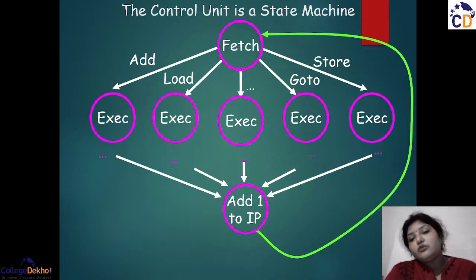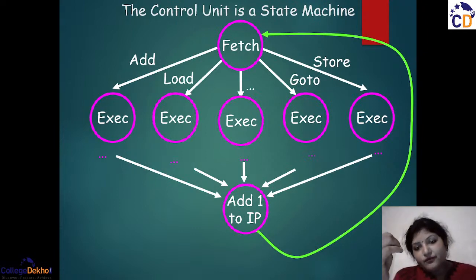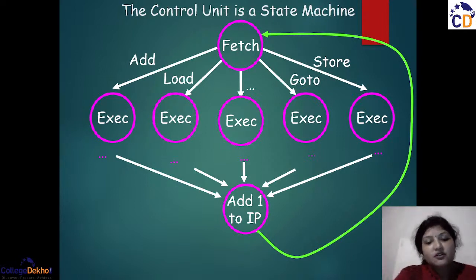We are not moving to the next instruction. The registers will be holding the same value, right? So it's very important to add 1 to the instruction pointer, which is holding the address of the next instruction. I hope these concepts are very much clear.